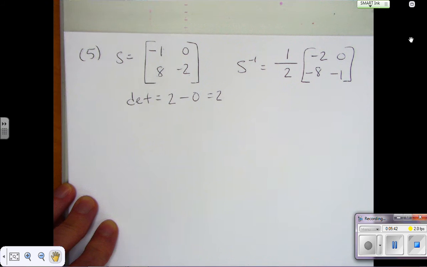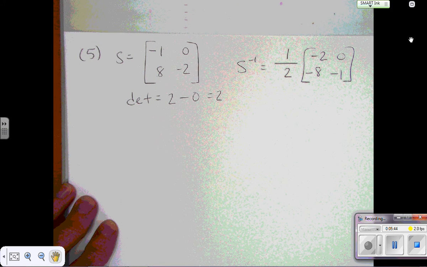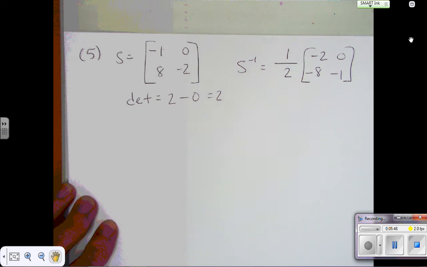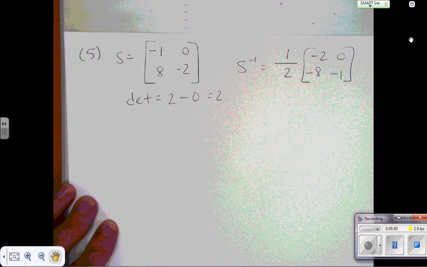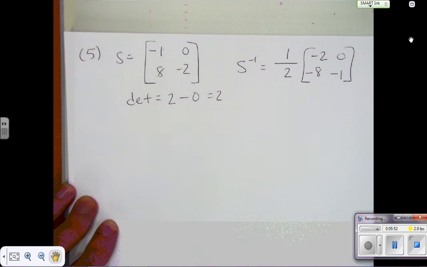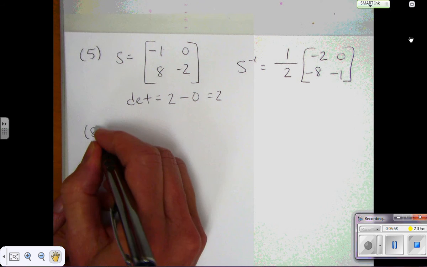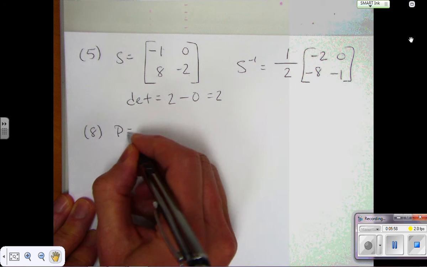Okay, so you guys do number 8. Find the inverse for number 8. We don't have to finish it? You can leave it in that form.